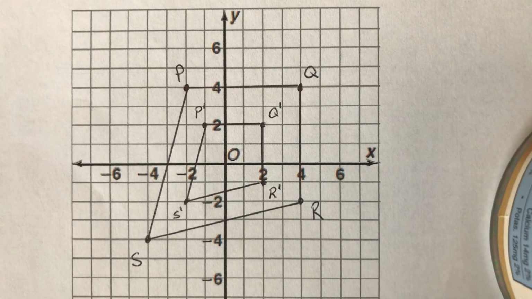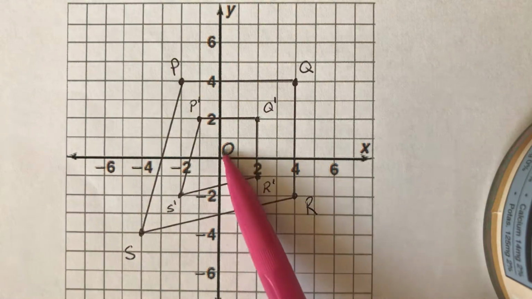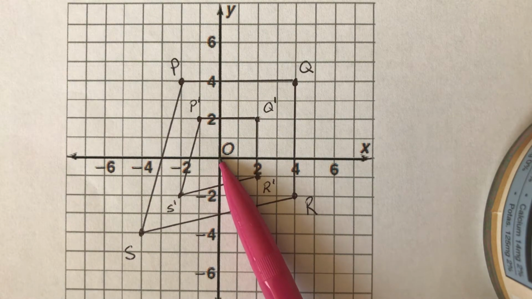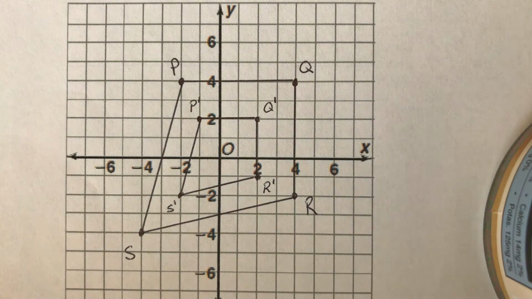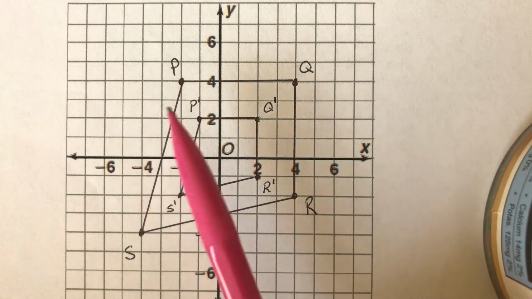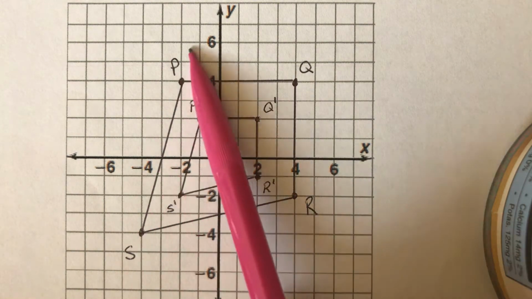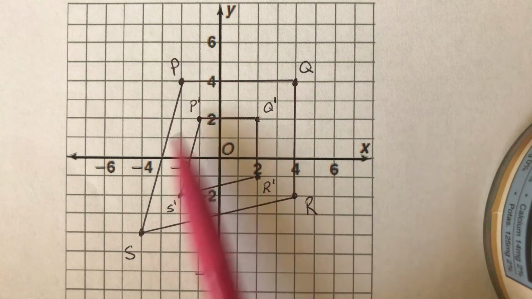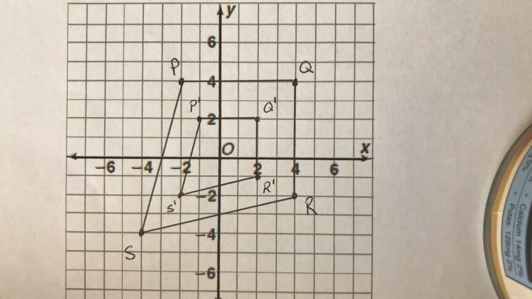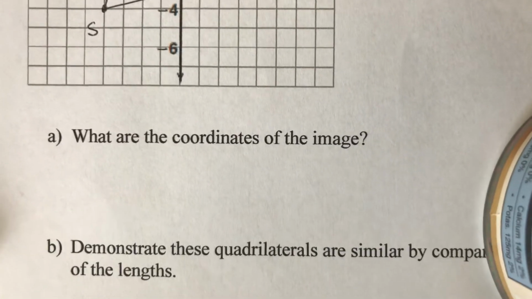So that is dilated around the origin at a scale factor of 1/2. So this image down here is smaller than the original, smaller by 1/2.